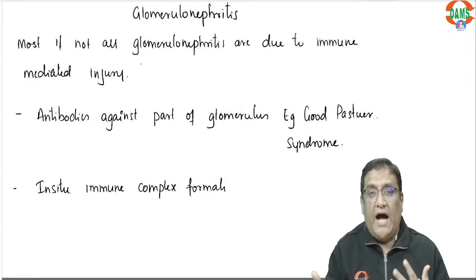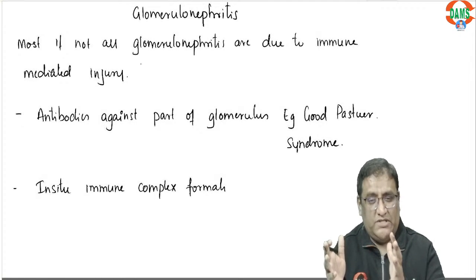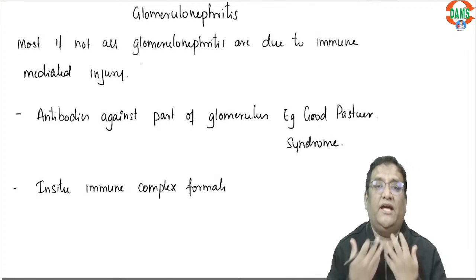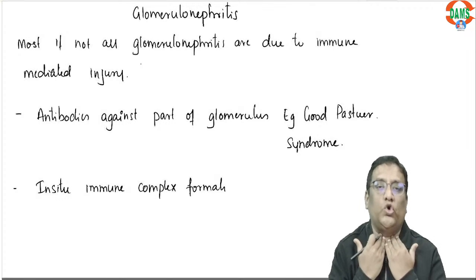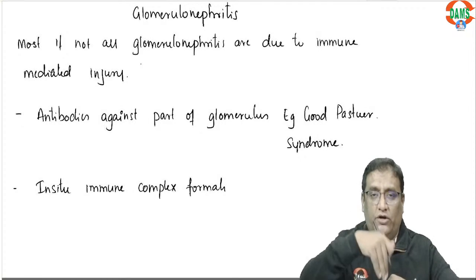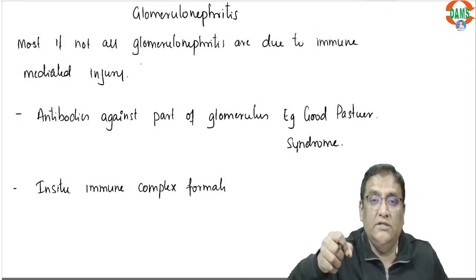Your body will take a minimum of 1 week to form what? An immune response. By the time you have an immune response ready after 1 week, the antigen from the sore site, from the sore throat or the skin, has already gone into the circulation. From the circulation, it has got deposited in the kidney.